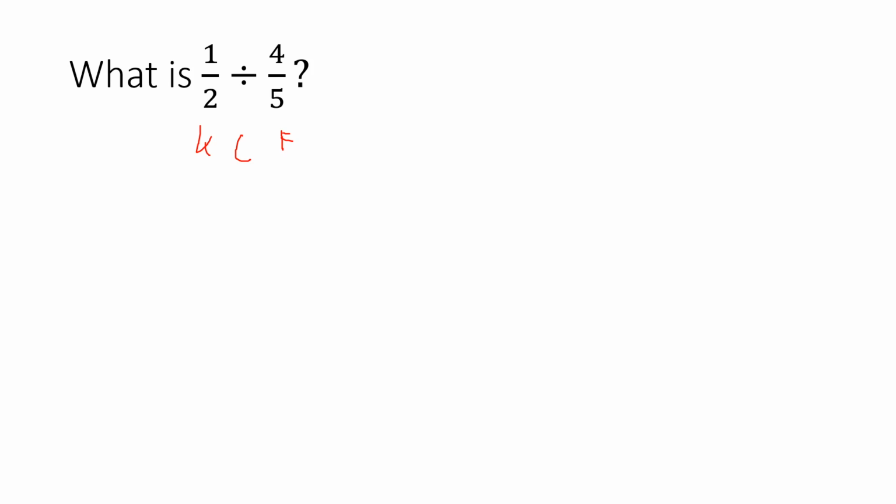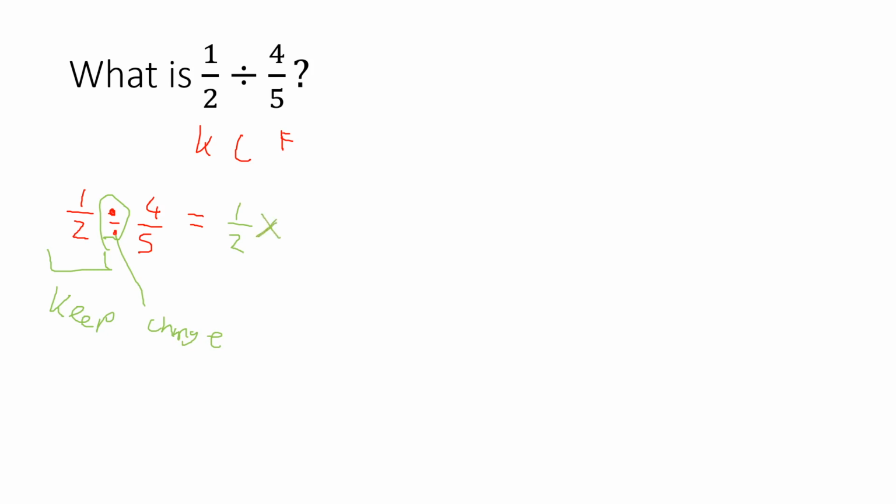So, what we're going to do is say that 1 over 2 divided by 4 over 5 is the same as, we're going to keep the 1 over 2. Now, let me write this down. I'm going to keep this how it is, 1 over 2. We're going to change this divide into a times.